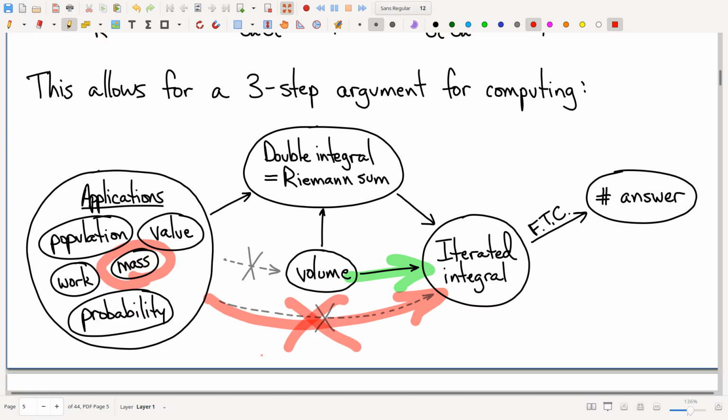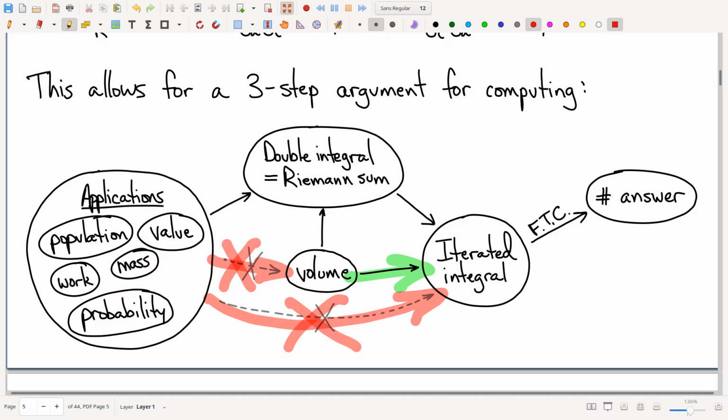Okay. And I also made an analogous argument that you can't just directly relate mass to some geometric object without having some equivalent Riemann sum argument, which at the time we didn't. So I'm going to say you can't do that either. Okay, so this is where we were as of 10 minutes ago.